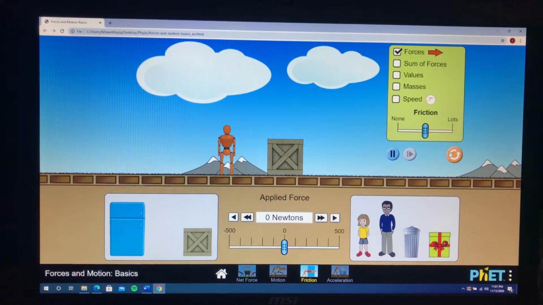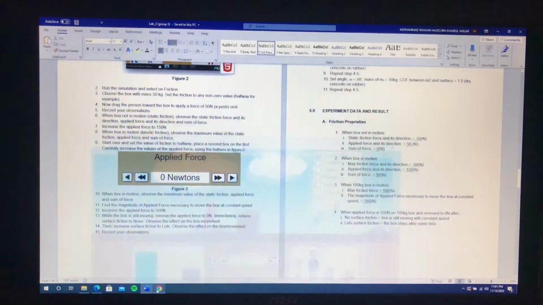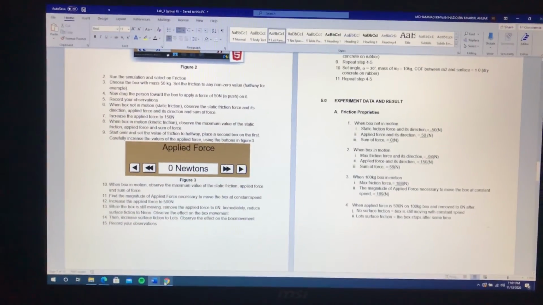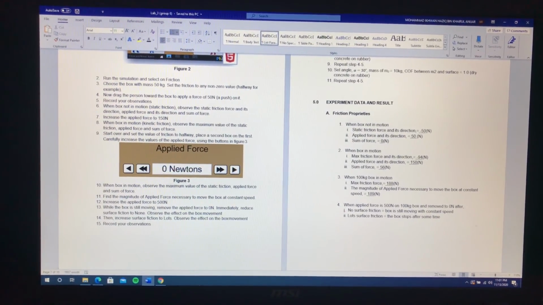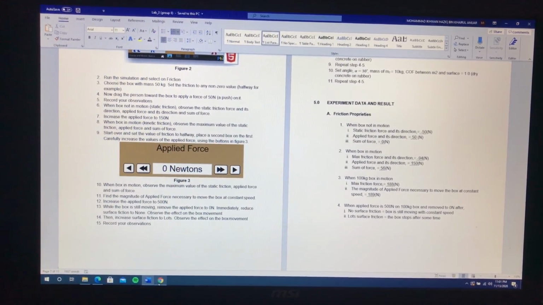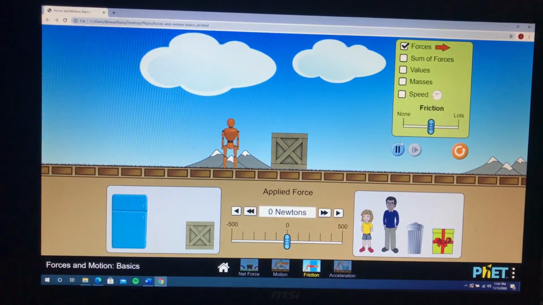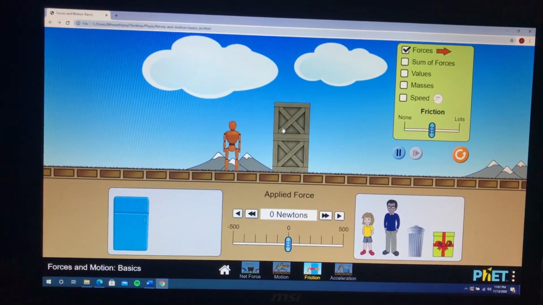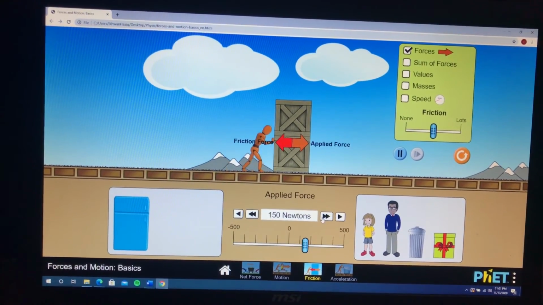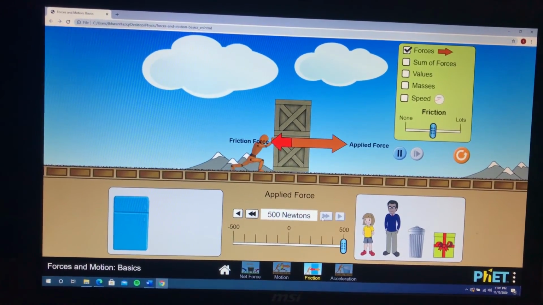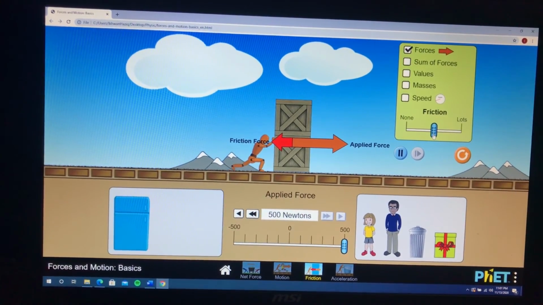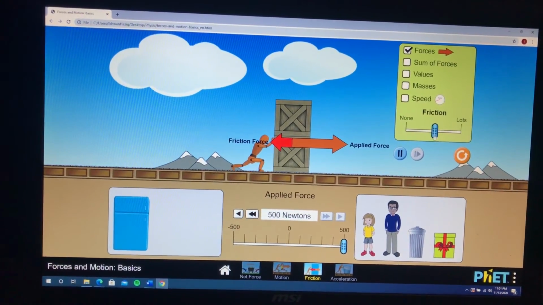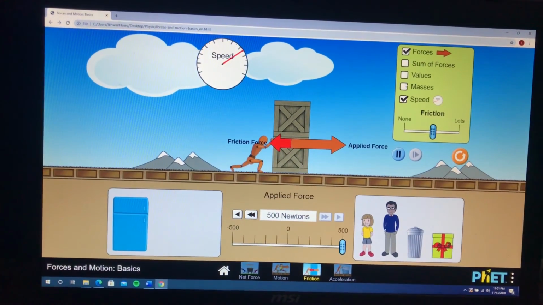So another example is for the large friction surface. As you can see here, we apply another box, maximum to 500 Newton, and we go to large friction, take all of it.